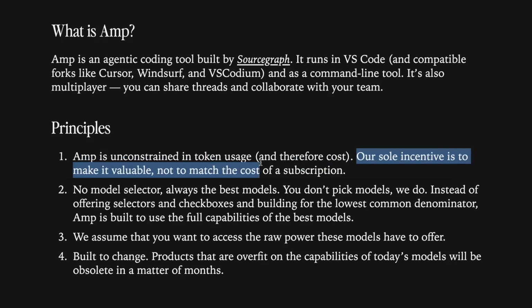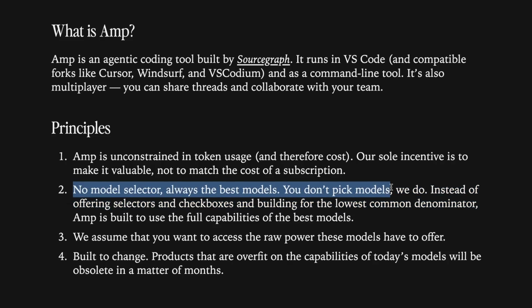Their sole incentive is to make it valuable, not to match the cost of a subscription. Basically, they don't intend to offer a subscription or stuff like that. Instead, you pay for token usage. It gives you 1,000 credits for free, which is enough for like 500 tasks from what I have seen so far.